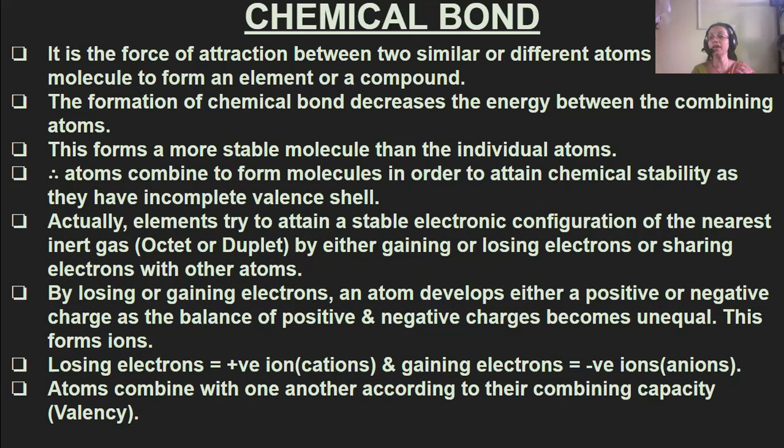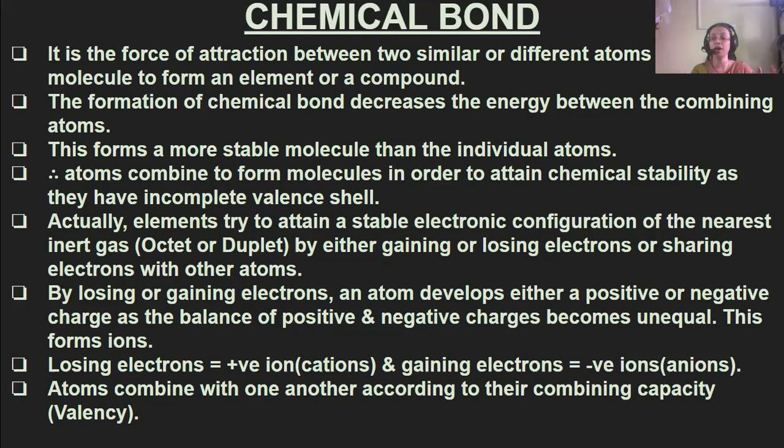If they gain electrons, the negative charge of the atom increases and it becomes a negative ion. If it loses electrons, its negative charge decreases, so it becomes a positively charged ion. Losing electrons forms positive ions, that is cations, and gaining electrons forms negative ions, that is anions.